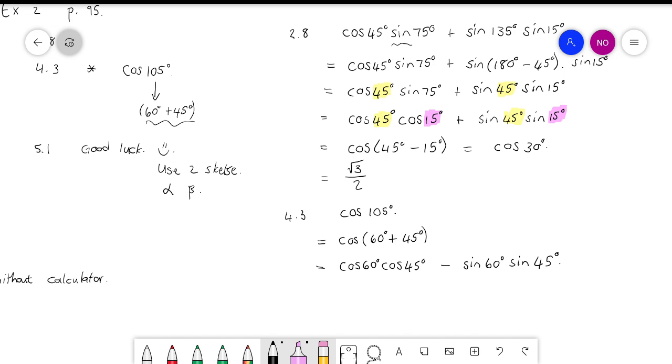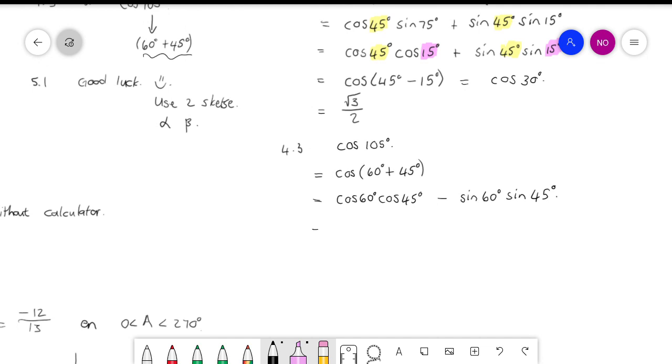And now all of those different functions you can substitute a value in, want almal van hulle is nou in terme van 'n spesiale hoek. So cos van 60 is 'n half, cos van 45 wortel 2 op 2, sin van 60 is wortel 3 op 2 en sin van 45 is ook wortel 2 op 2 dink ek.